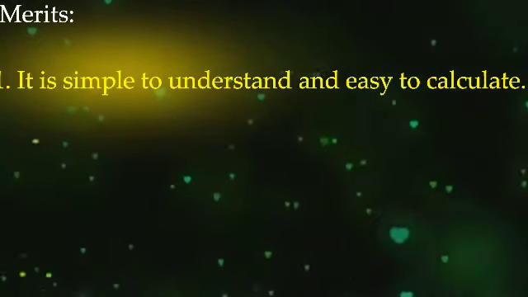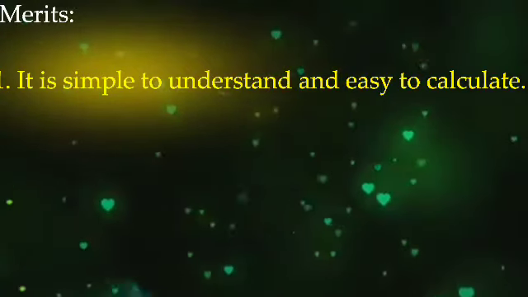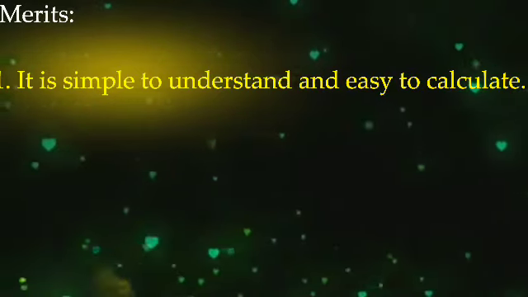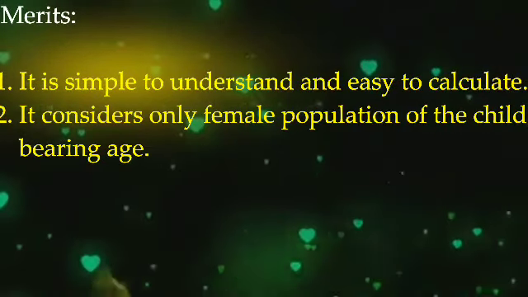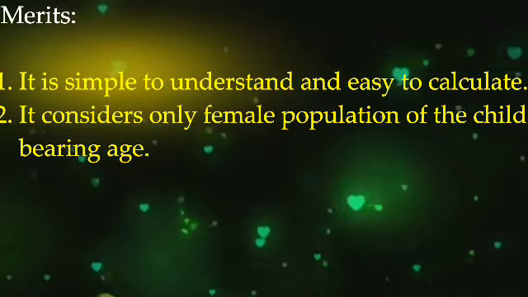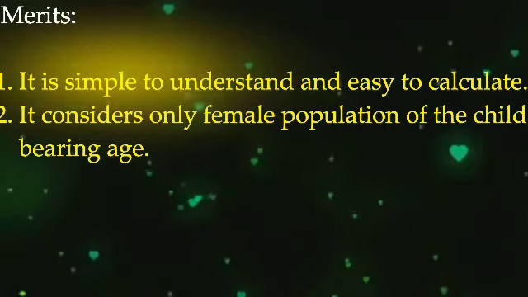Merits. It is simple to understand and easy to calculate. This is the simplest measure of finding the fertility rate. It considers only the female population of childbearing age, so here we will consider only the female population for the age group 15 to 49.